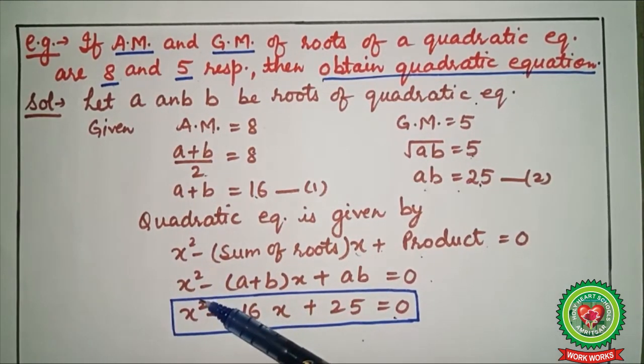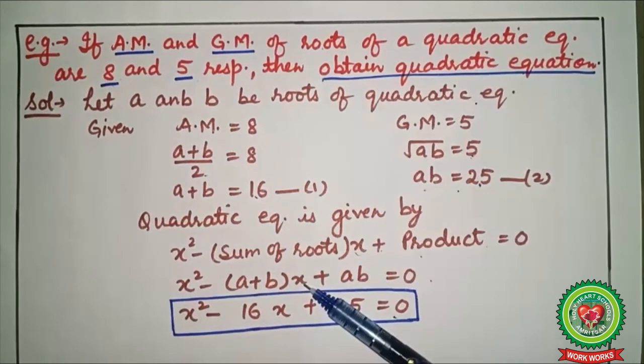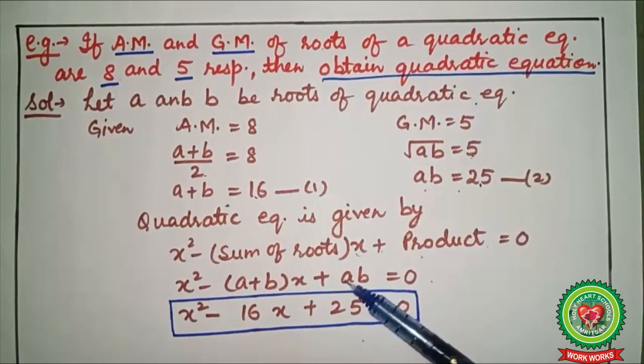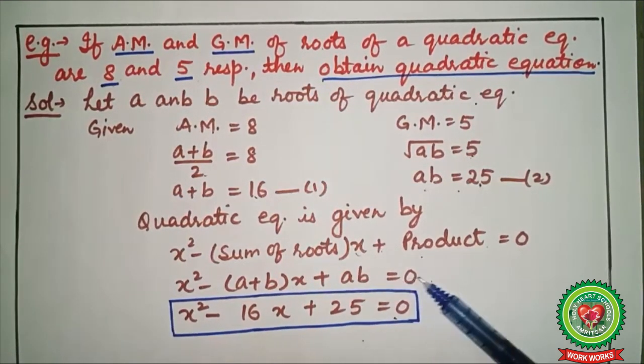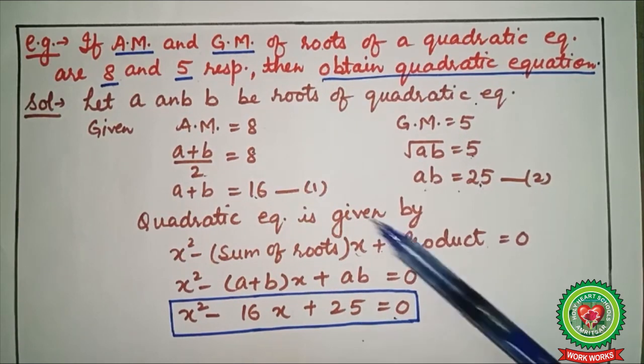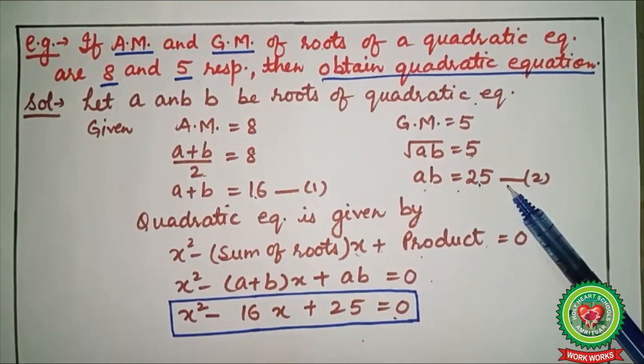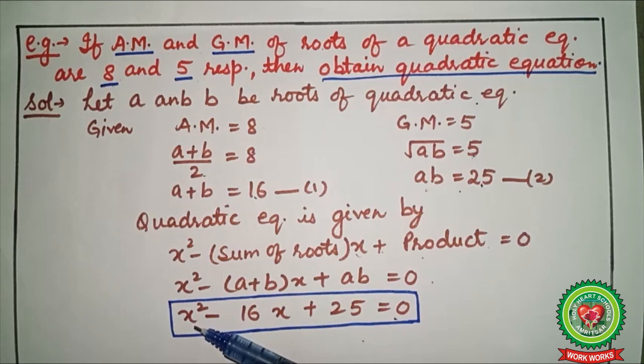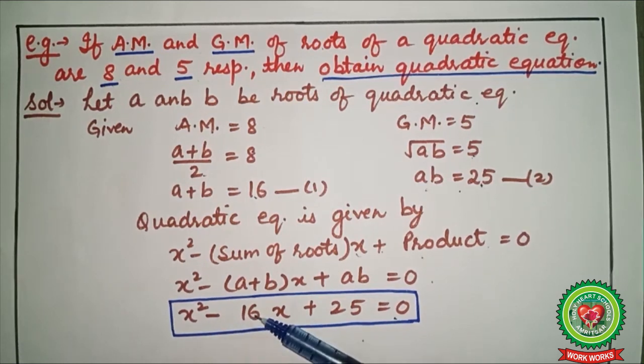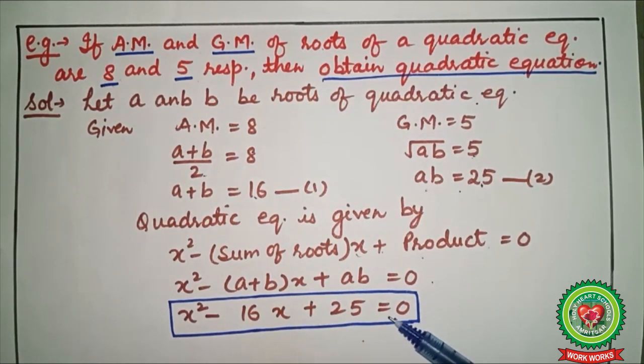Put the values, we get x square minus (A plus B) into x, that is the sum, plus AB, that is the product, is equal to 0. From equations 1 and 2, put their values, we get the quadratic equation x square minus 16x plus 25 is equal to 0.